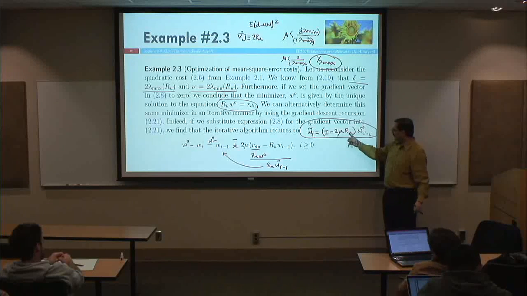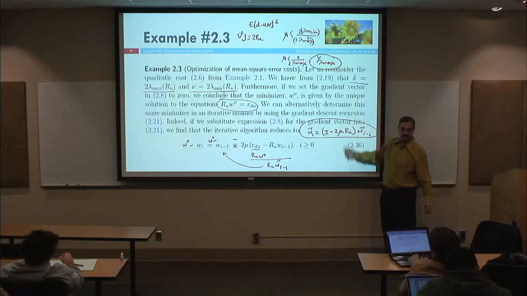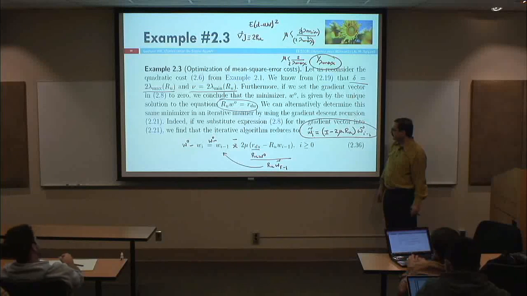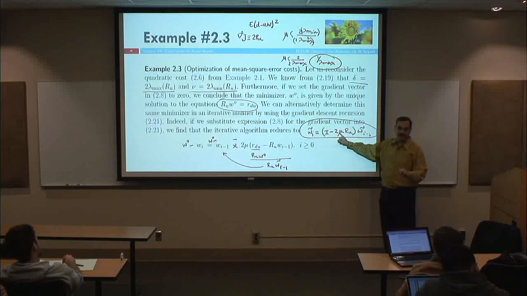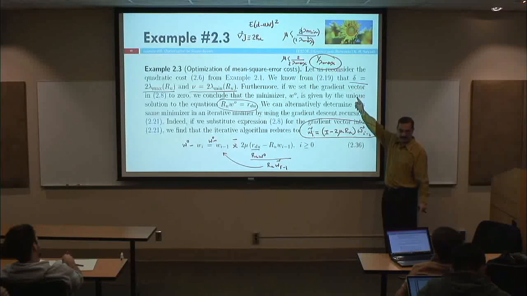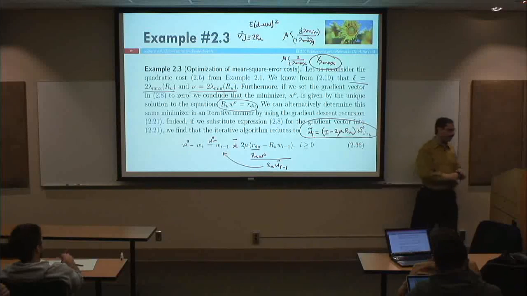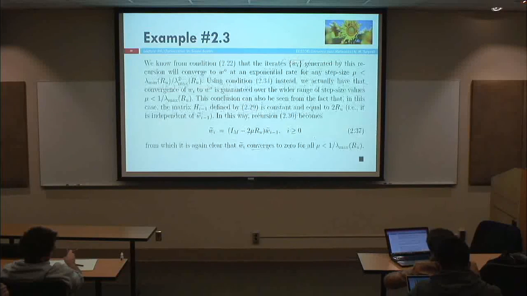You will get again 1 over lambda max, right? In 210A, when we studied this recursion, we were using mu, not 2 mu. That's why we were getting 2 over lambda max, okay? Here it is. And this is the bound, okay?